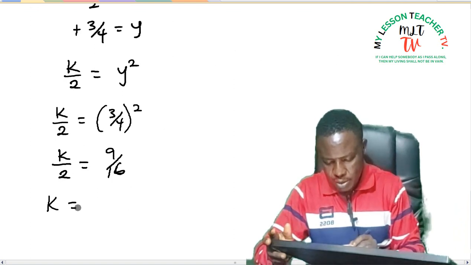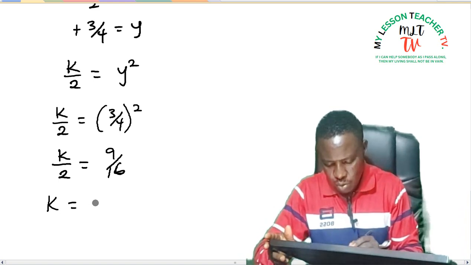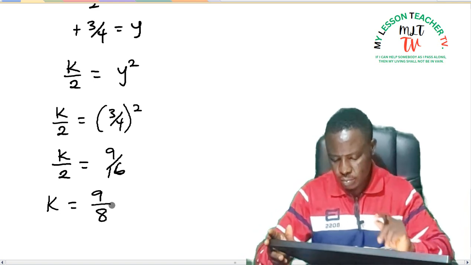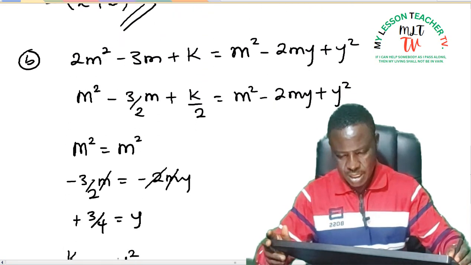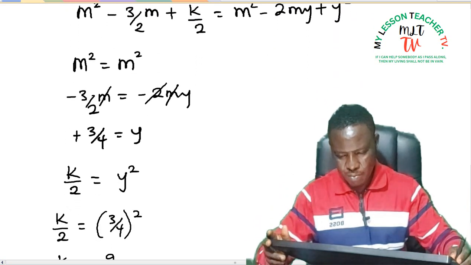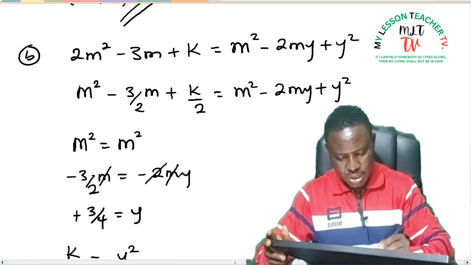K is equal to, you multiply both sides by 2. K is 9 over 8. So if k is equal to 9 over 8, it means 9 over 8 must be added to this.